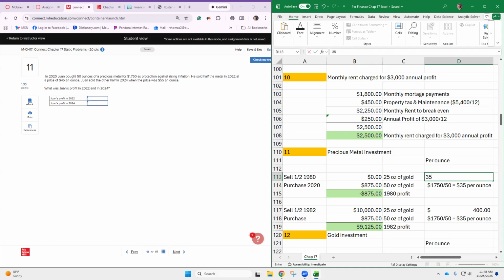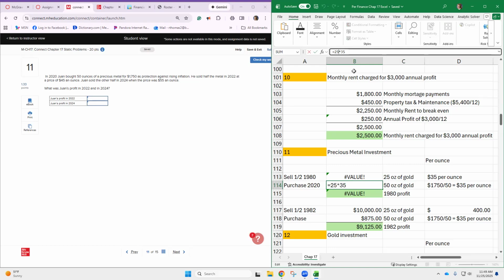So I'm going to put $35 per ounce. We need to know how much that was. So that's the purchase there. Okay, and she bought 50 ounces, 1,750. So there should be your purchase.